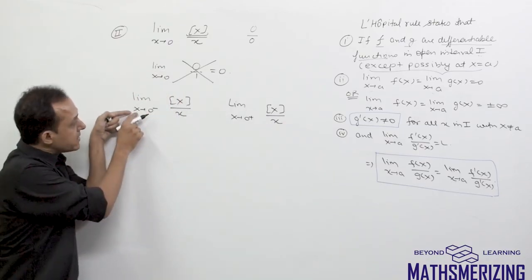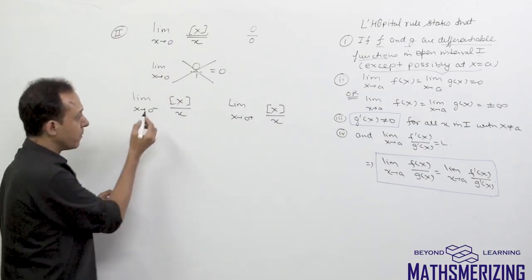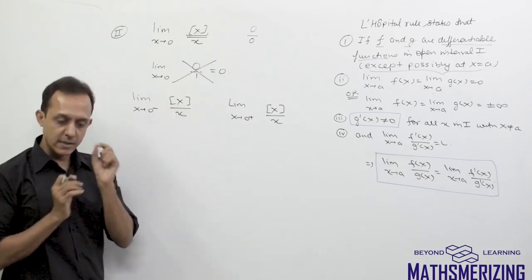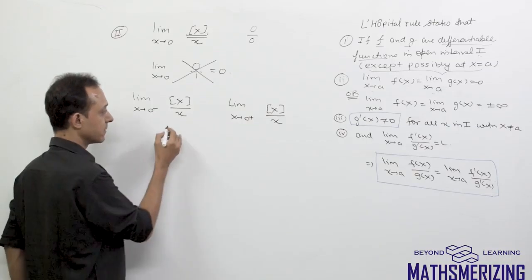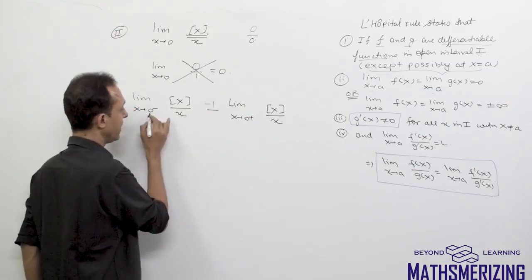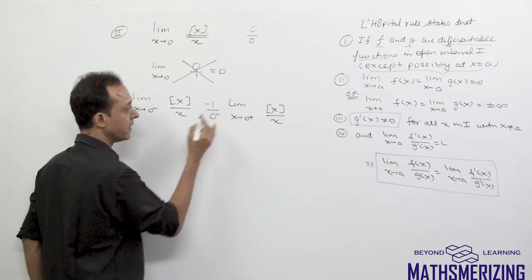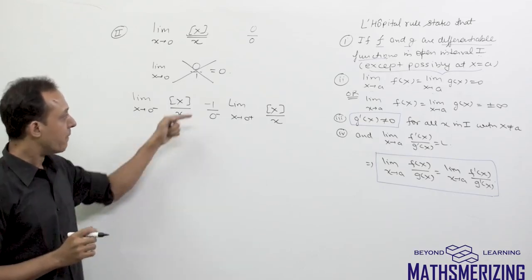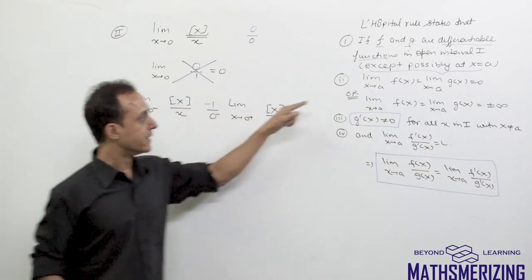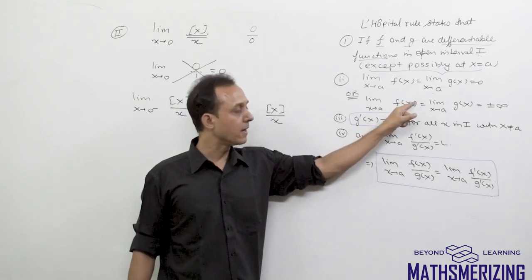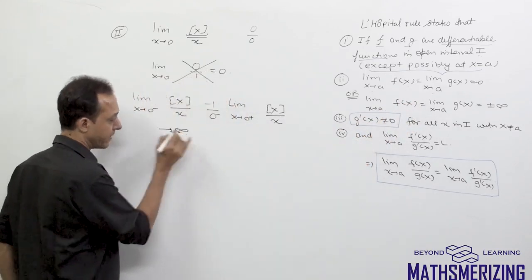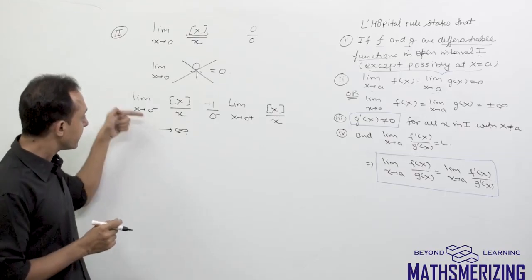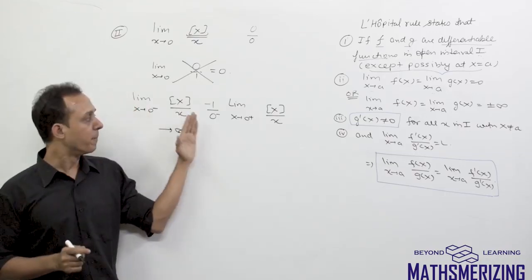Now when x tends to 0 negative, what is the greatest integer function of 0 negative? The greatest integer function of 0 negative is minus 1, and here this value will be simply 0 negative. So minus 1 upon 0 negative is neither 0 upon 0 form nor infinity upon infinity form. This value is actually infinite. So for this left hand limit, I cannot apply L'Hopital's rule.